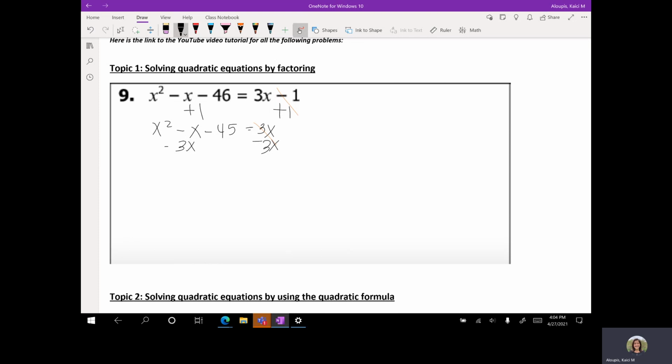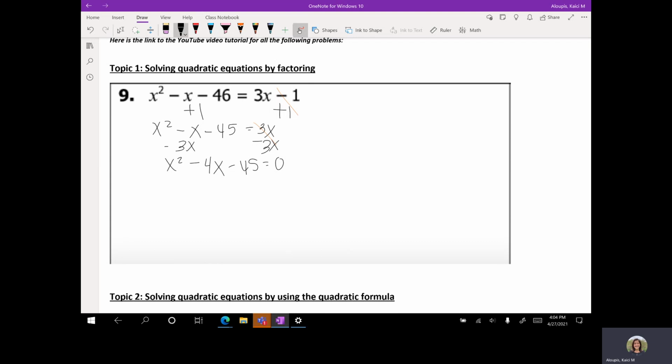So now we have x squared minus x. Oh, sorry, not minus x anymore. Before, it was negative x, and I subtracted 3x, so now it's negative 4x, because these were like terms. And subtract 45, and it's equal to 0.